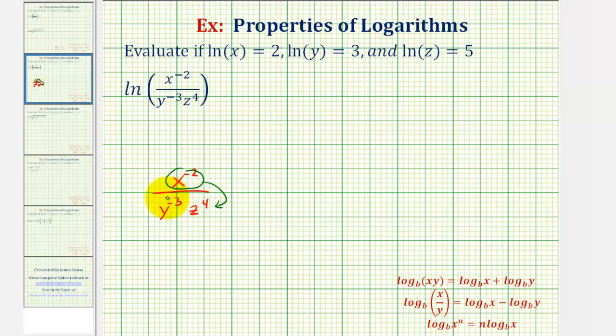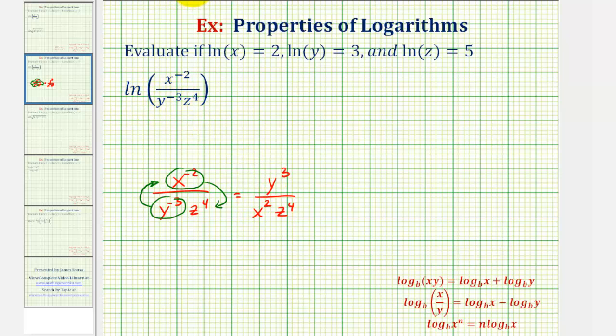And if we moved y to the negative 3 up to the numerator, it would change the exponent to positive 3. So this fraction is equal to y to the third in the numerator, and then the denominator would be x to the second, z to the fourth.